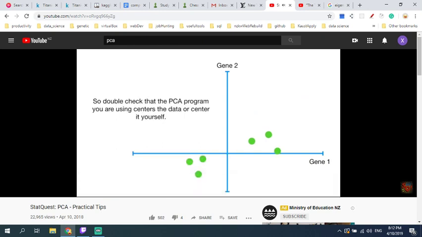So double check that the PCA program you are using centers the data or center it yourself.